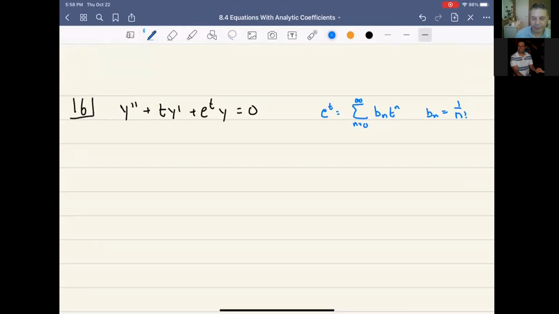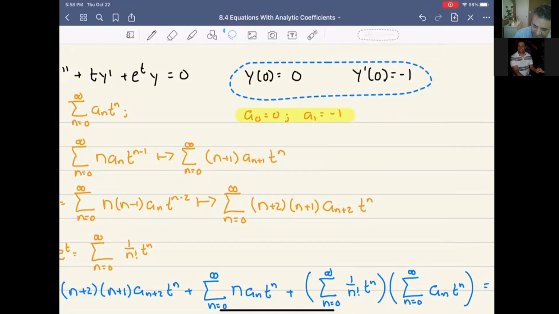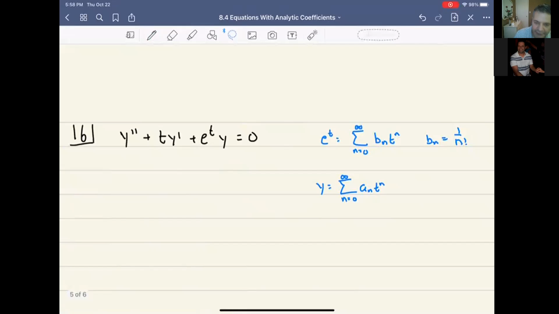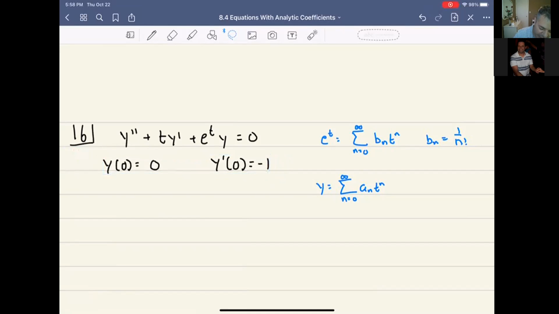Again, y is the sum, n goes from 0 to infinity, a sub n t to the n. Oh, I should have had some initial conditions. Again, just like the last one, I definitely had to write these out before and do them.